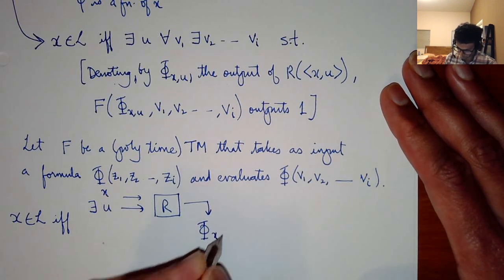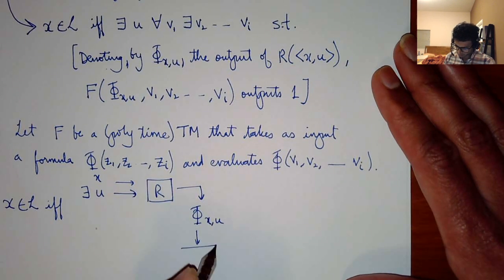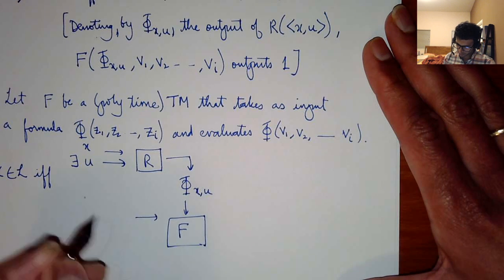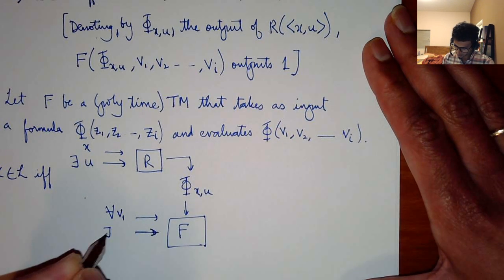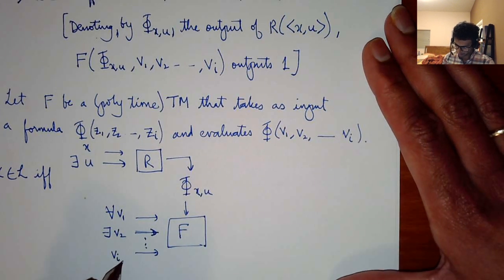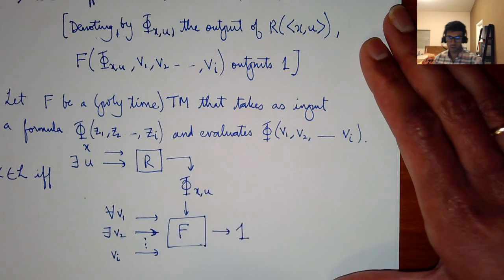This is what we call phi XU. And now I'm going to feed this to F. And what does F say? F says, for all V1, there exists a V2, up to Vi, whatever the quantification is. So this outputs 1.